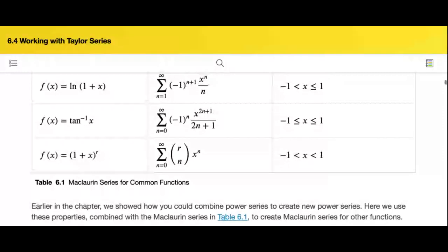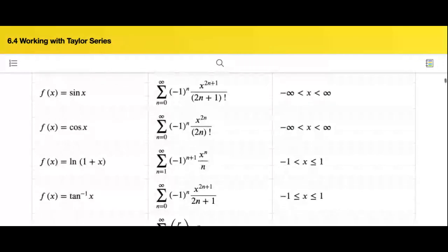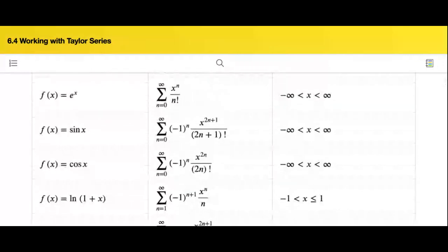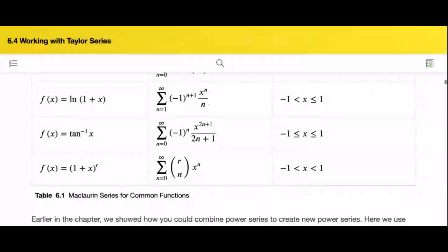I would encourage you, and this is important, to calculate each one's Maclaurin series for at least 5 terms.